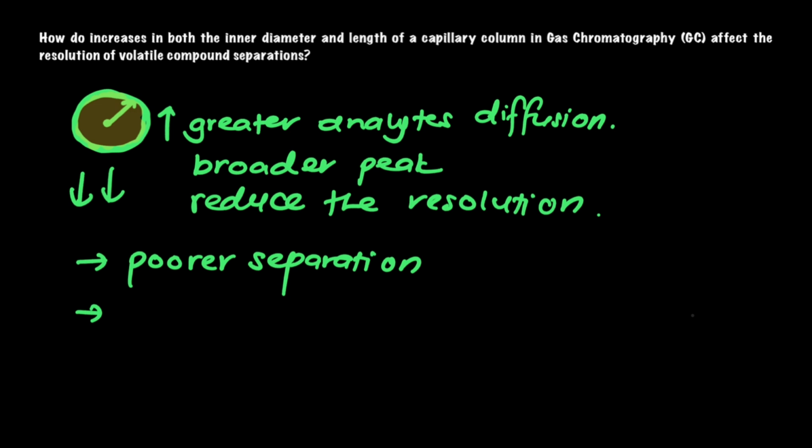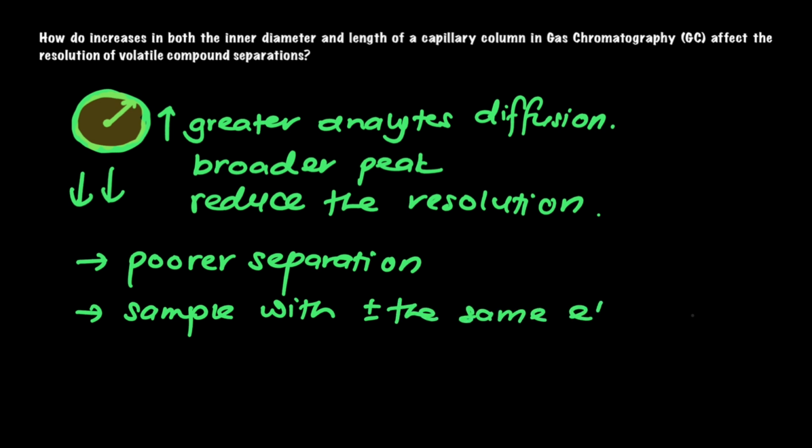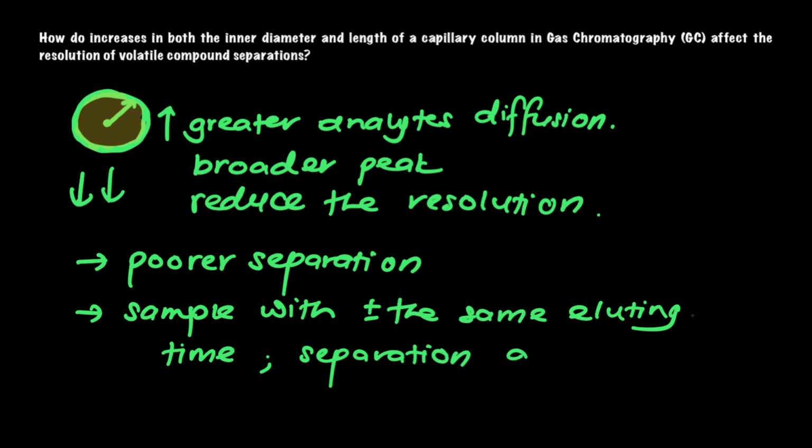So for those samples with plus minus the same eluting time, the separation will not be as good. Alright, that is what happens if you use a column with larger inner diameter.